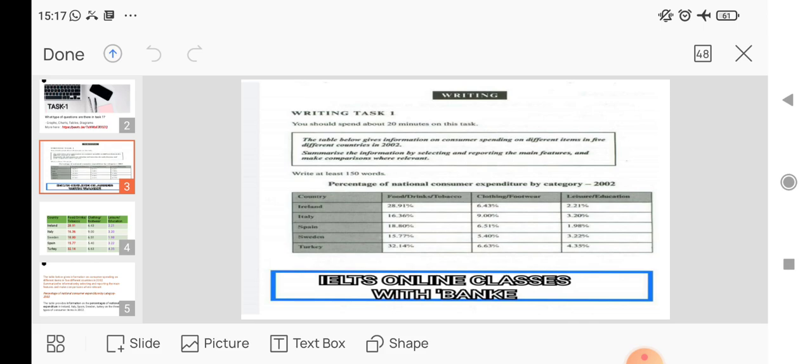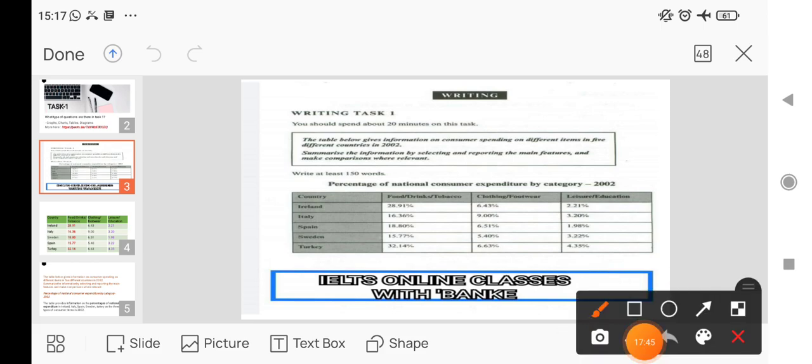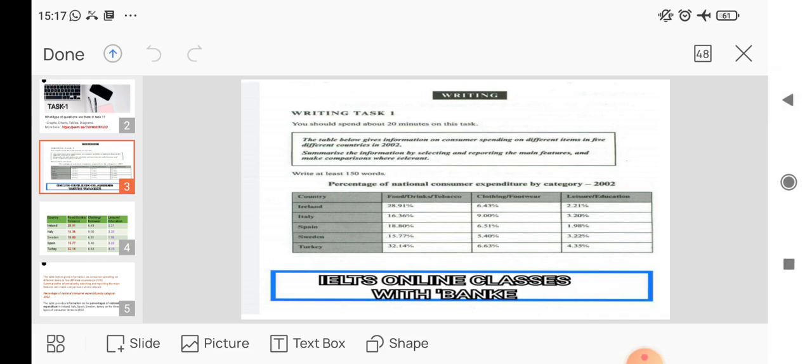Now the next paragraph will talk about selecting and reporting the main features. They said what? Select and report the main feature.